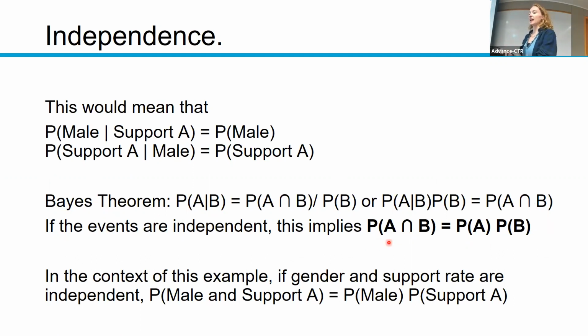We have probability of A and B equals probability of A times probability of B. We can jump from here to here because if these two events are independent, then the probability of A given B must just be the probability of A. So we know that if two events are independent, this formula should hold true. In the context of the example, if gender and support rate were in fact independent, the product of these two probabilities should equal the probability of their intersection.